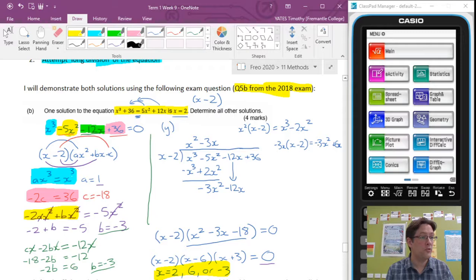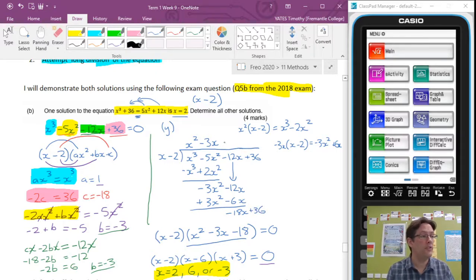I want to subtract this off, so that's going to be plus 3x squared, and that plus 6x subtracted off is going to be minus 6x. So we end up with negative 18x plus 36.